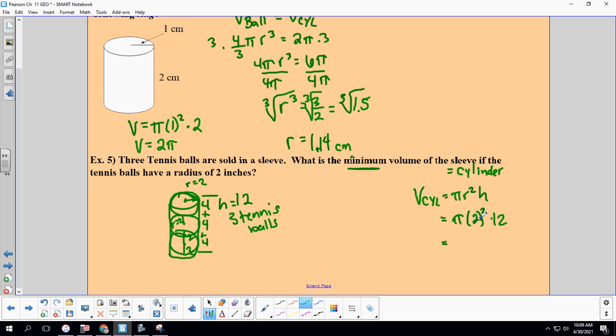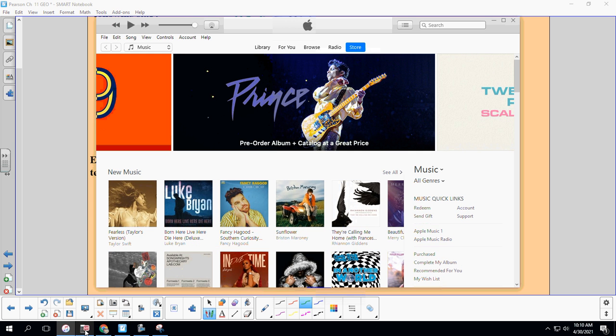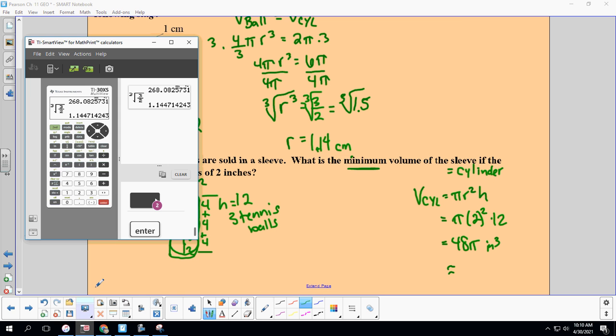So 2 times 2 is 4. 4 times 12 is 48. This is 48 pi inches cubed, which is approximately 150.8.